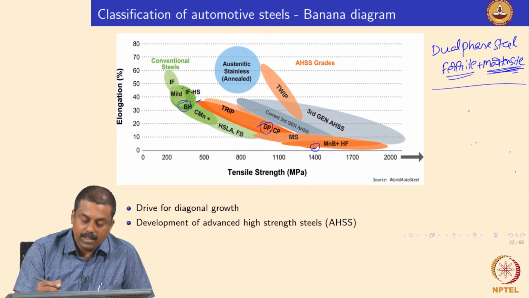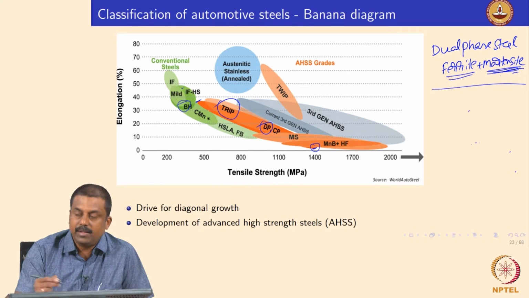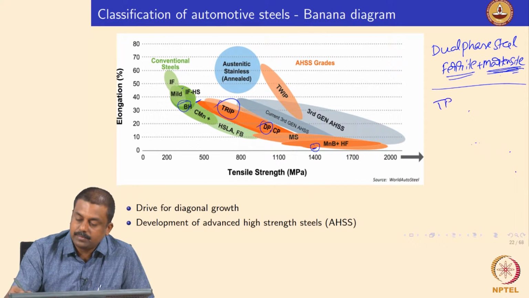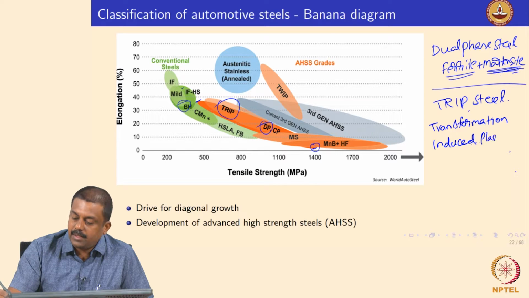And apart from dual phase steels, there are two other steels which require a complex microstructure to achieve the strength and ductility combinations. The first one is TRIP steel. So what is TRIP steel? TRIP here stands for transformation induced plasticity steels.